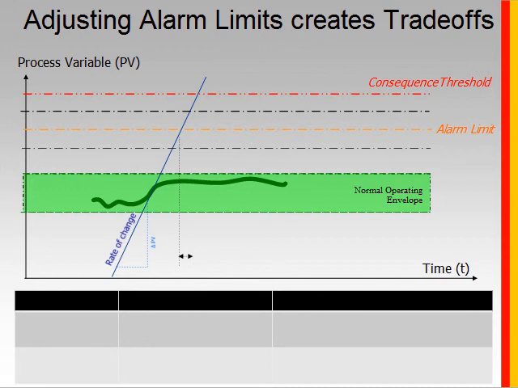Now, as I mentioned, the time and the alarm limit go together, and we can modify the alarm limit to change the amount of time that the operator has to respond, but there are some trade-offs that go with this.